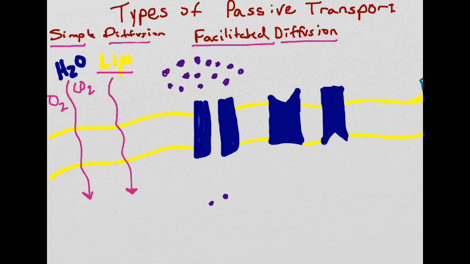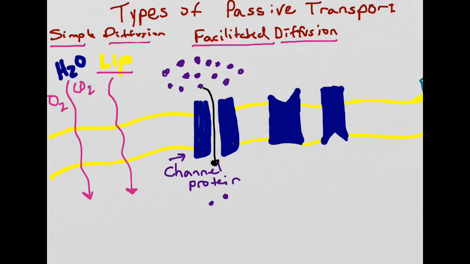So this is a channel protein. Okay, that's a channel protein, and this channel is a happy place for these ions to go through. They are attracted to this channel, and then they are also attracted to going down their concentration gradient, so they want to go through here. So they will travel right through here.